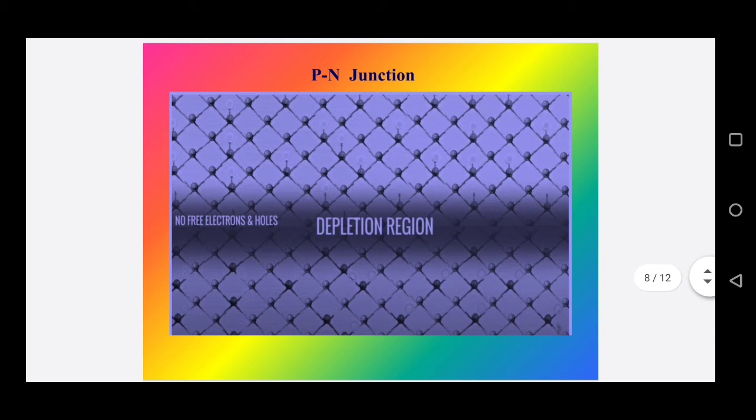So all the extra electrons from the n side are moving towards the p side, and fill the holes. So here there will be no free electrons and holes. Hence a depletion region is formed.